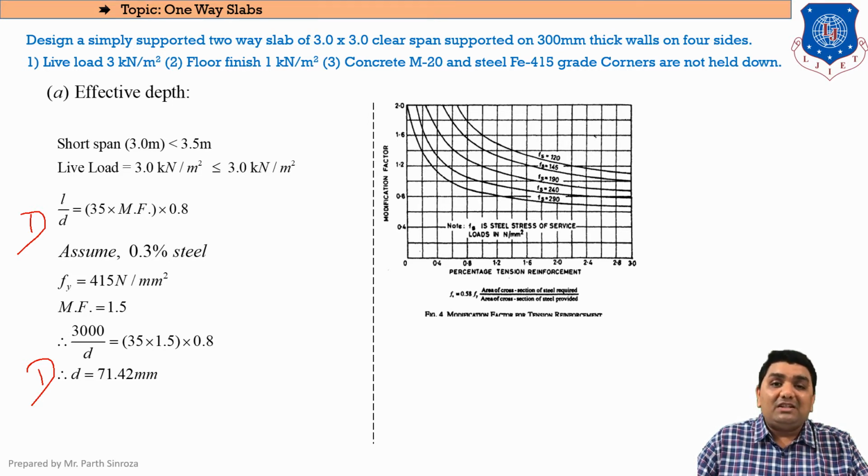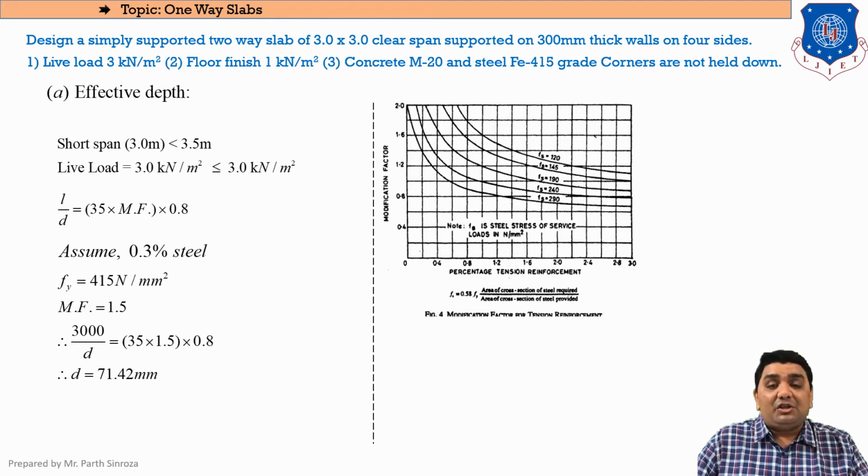So either you prescribe it as small d or capital D, that will not be an issue. But for viva purpose or for objective examination purpose, keep in mind for two-way slabs, as you saw in the equation that we got from page number 39 under the notes section, the L by D ratio was for overall depth. Clear? So solving this, we get D equal to 71.42.